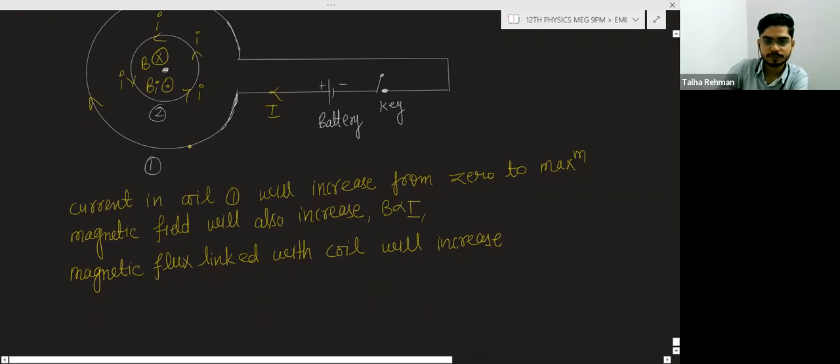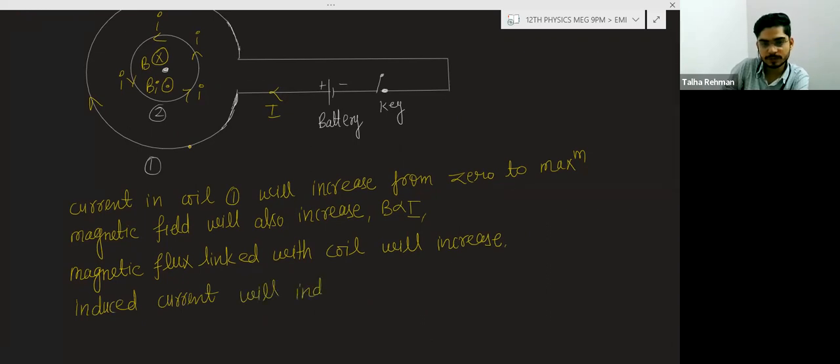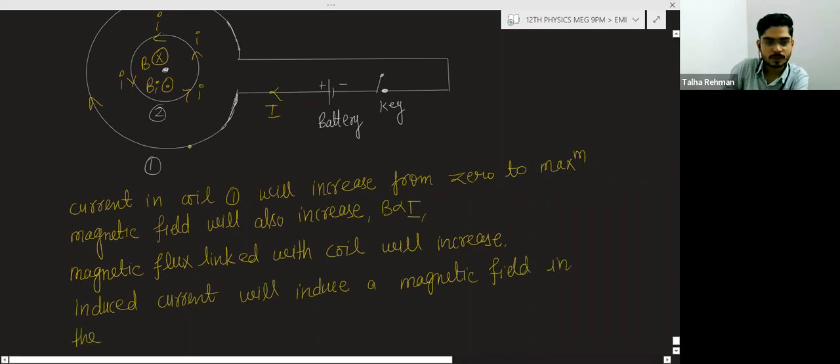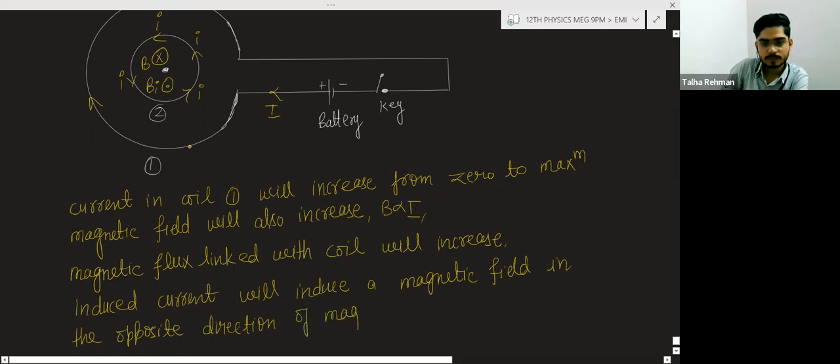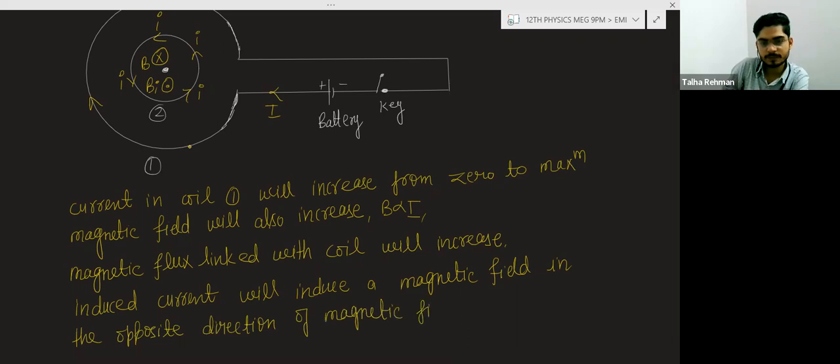So induced current will induce a magnetic field in the opposite direction of magnetic field of coil 1.